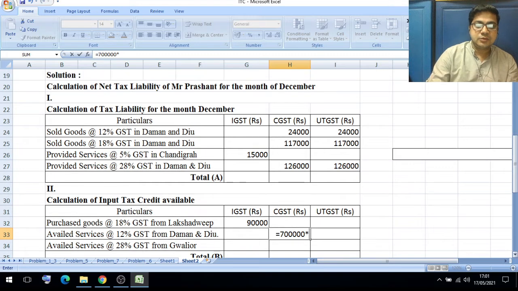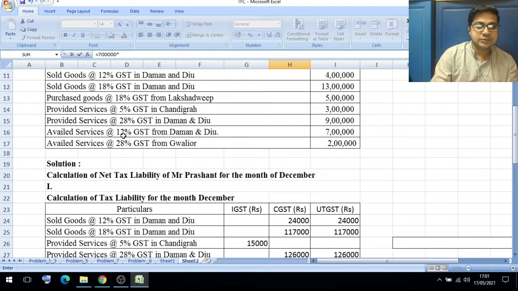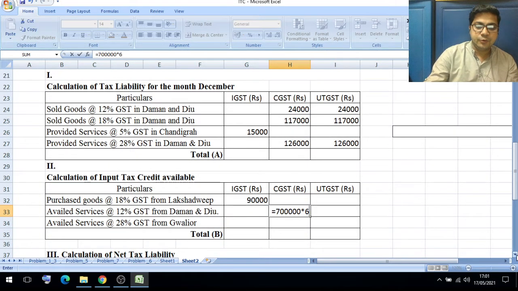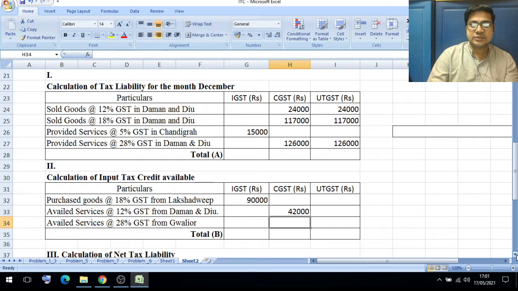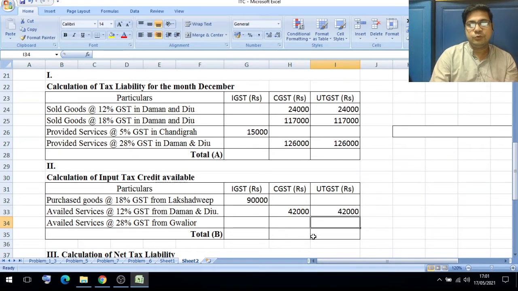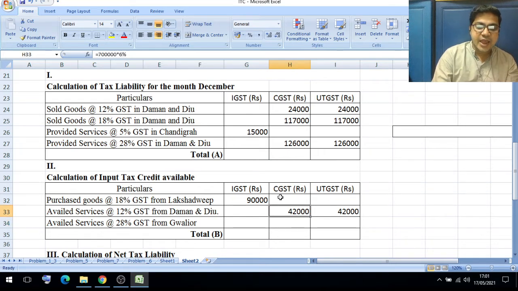The rate is 12%. On 7 lakhs we have to charge 6%, that is 42,000. In the same way in UTGST also, 7 lakhs into 6%, 42,000 is the value of UTGST and CGST, because it is a transaction within the Union Territory.